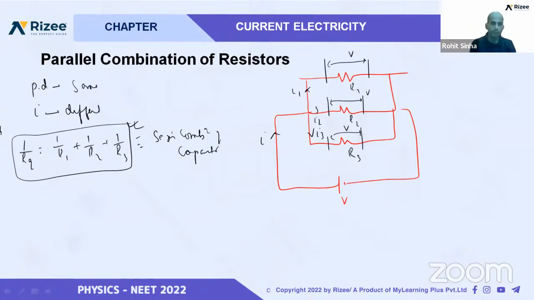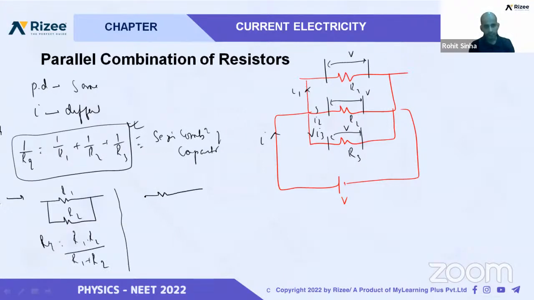Okay, few shortcuts you should remember to have fast calculation. If we are having two resistors like this, R1 and R2 in parallel, then their equivalent is equal to product by sum of both of them. Okay, first one.